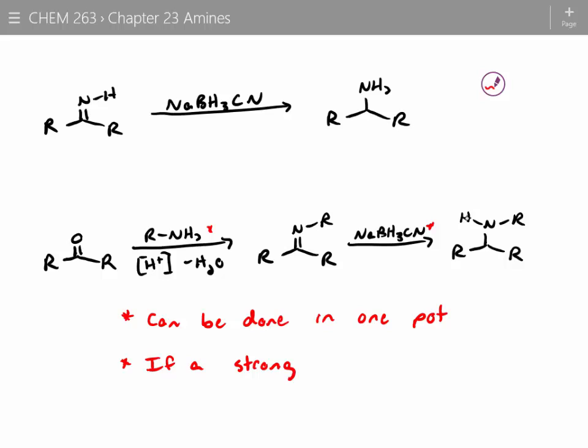It would reduce your ketone or aldehyde before your equilibrium could occur with your aminium ion. If you did it too hot, would it work? Theoretically, it would work, but it would be much, much more work. On paper, it would work.